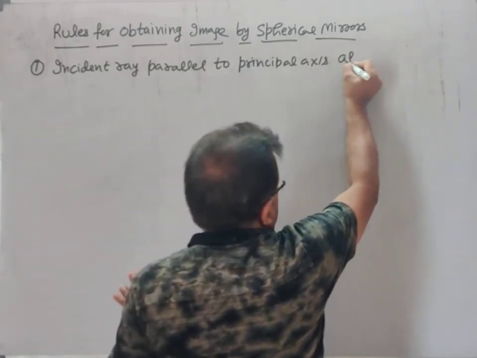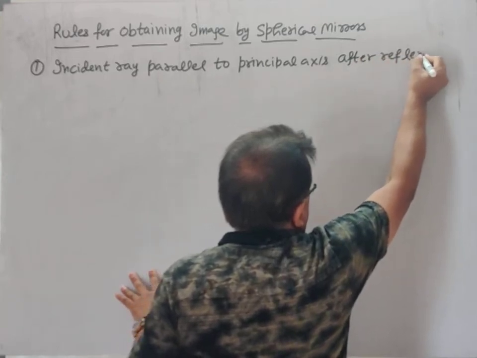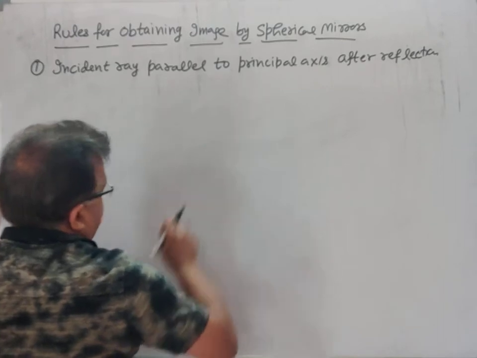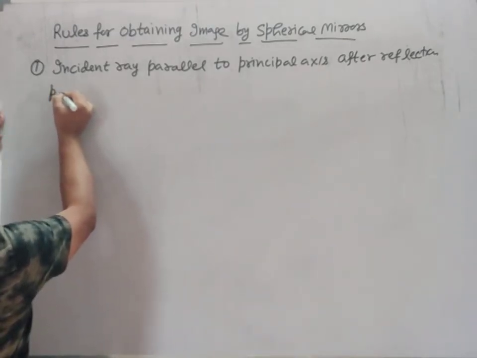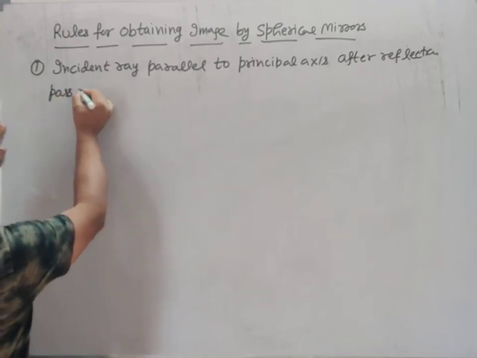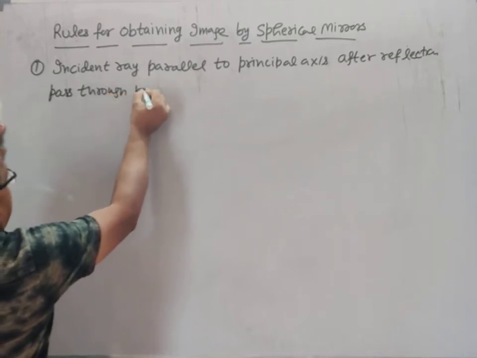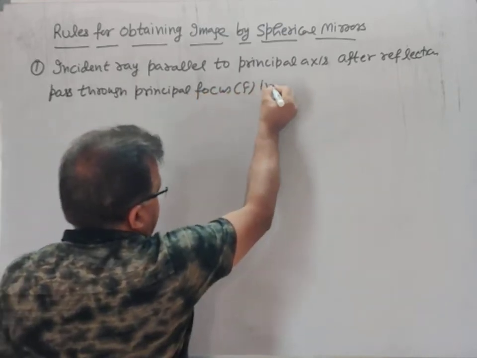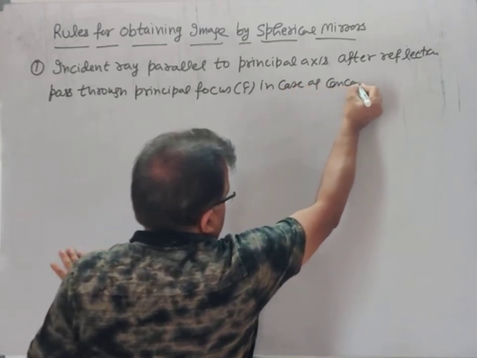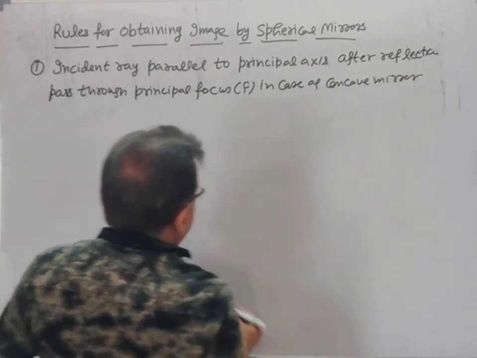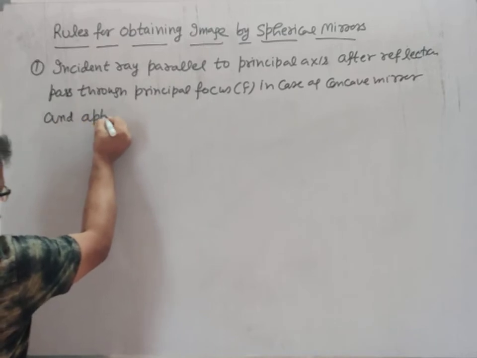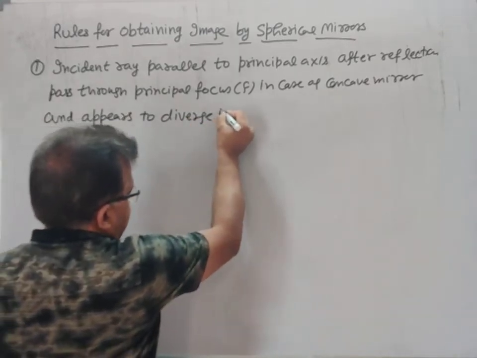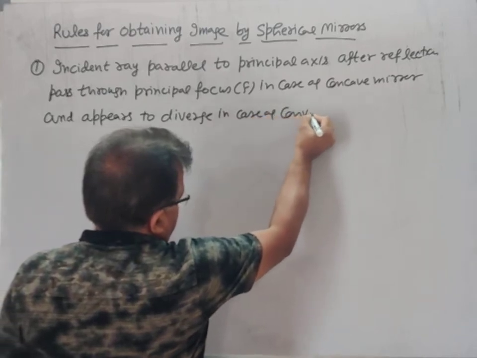After reflection, an incident ray parallel to principal axis passes through principal focus, that is F, in case of concave mirror, and appears to diverge in case of convex mirror.